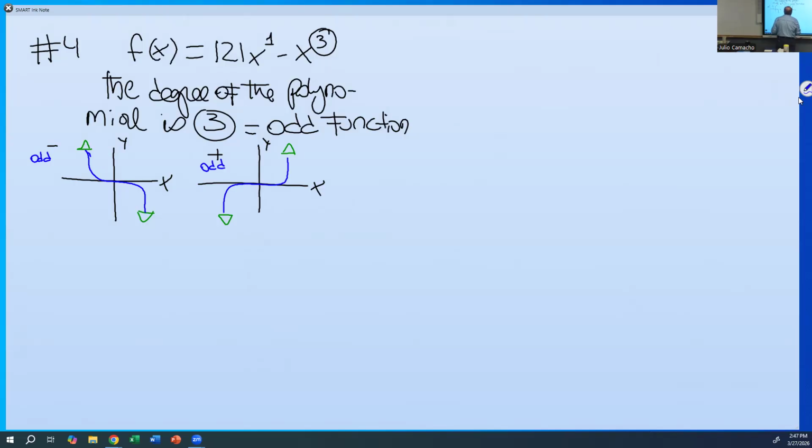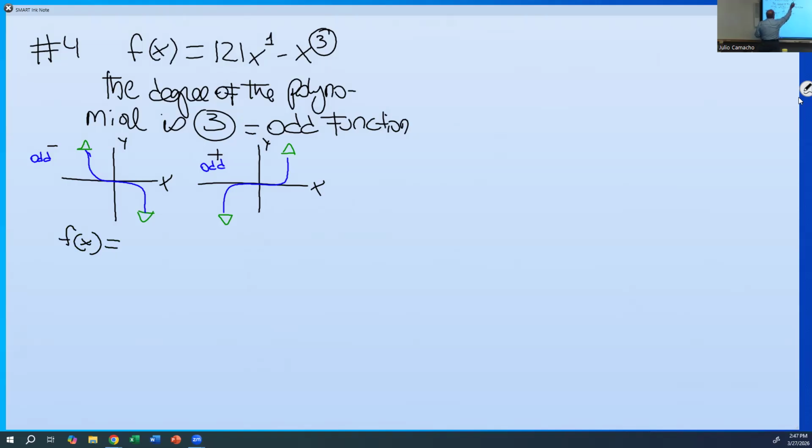And to see more clearly, let's put this equation in standard form, because right now it's not in standard form. When you put the equation in standard form, you put the powers from increasing to decreasing form. So you go from the bigger to the lesser. So f of x is equal.